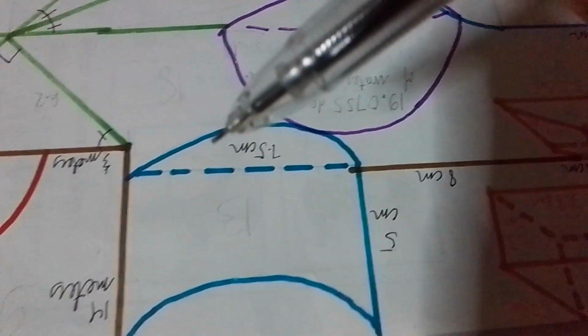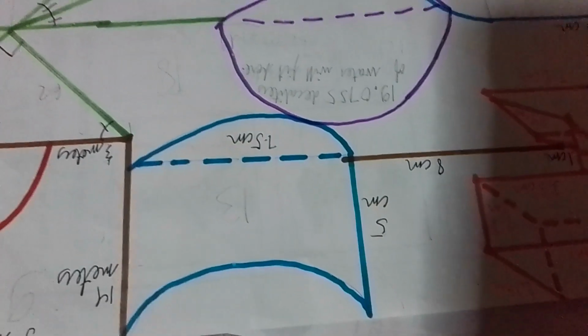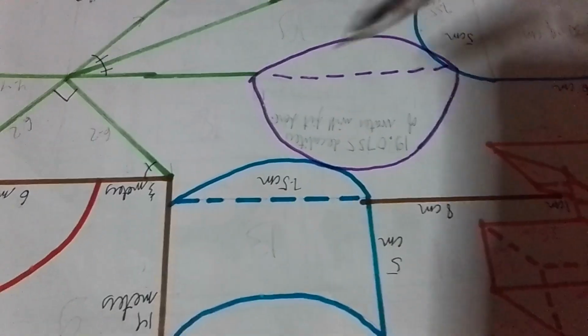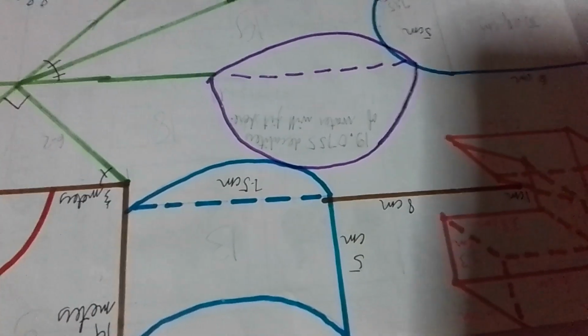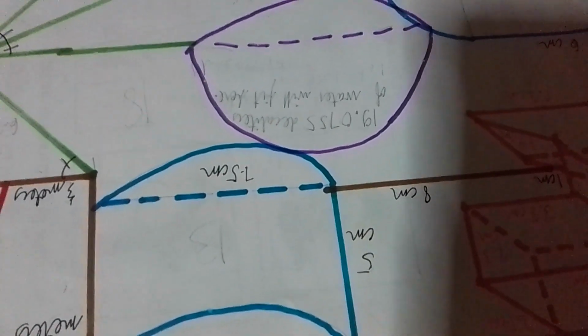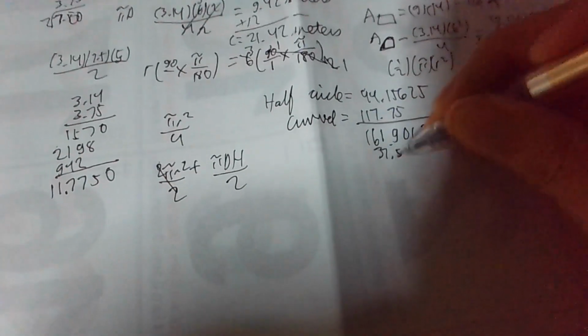So therefore, to solve for the area of the rectangle, madali lang yan. Alam mo bakit? Diameter times the height. Tama. So 7.5 times 5, which is 37.5. So we put that into our formula.